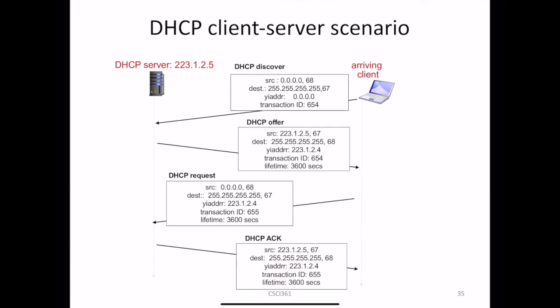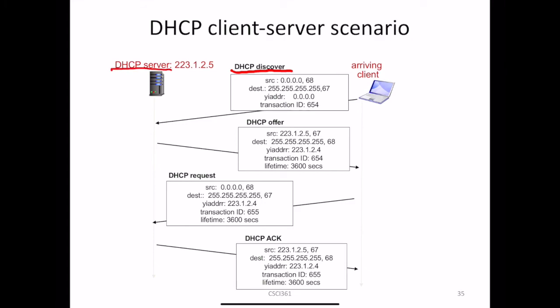Why does the communication between the DHCP server and the arriving client use the broadcast way? For the first message sent from the arriving client to the DHCP server, the DHCP discover, the arriving client doesn't have the IP address of this DHCP server.